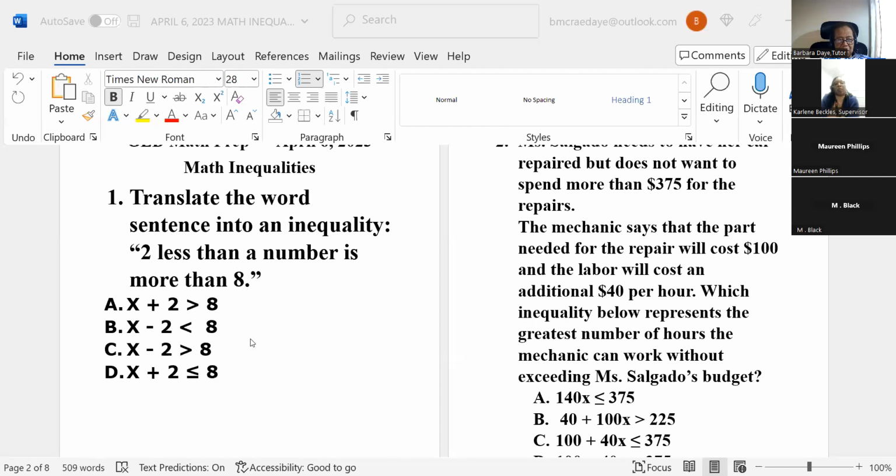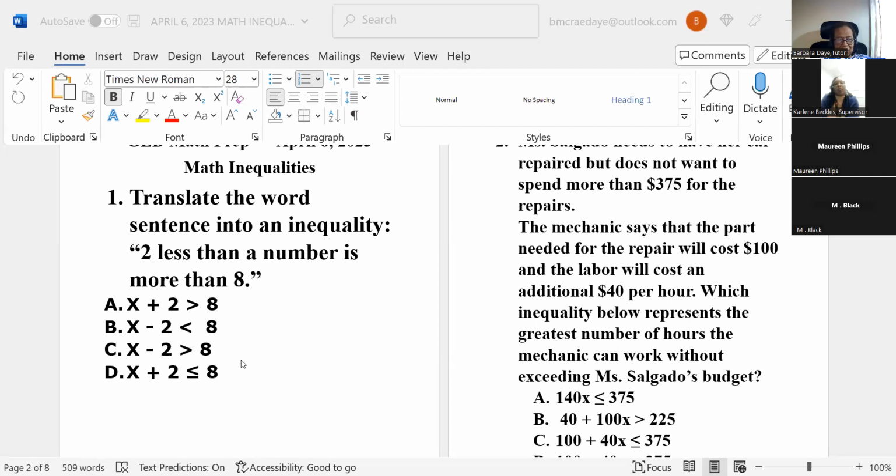2 subtracted from a number where the number is x. What would it be, Maureen? B. So the first one is the other one. 2 less than a number is, you said B, and this symbol is a less than, right? But it says more than 8. What was your answer, Mercedes?